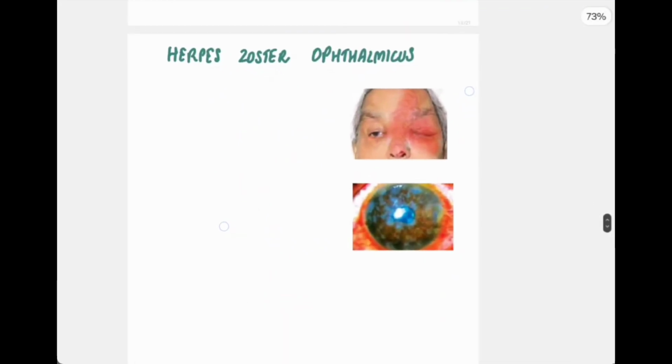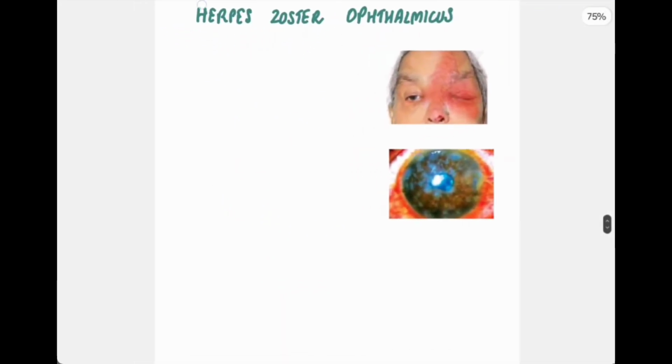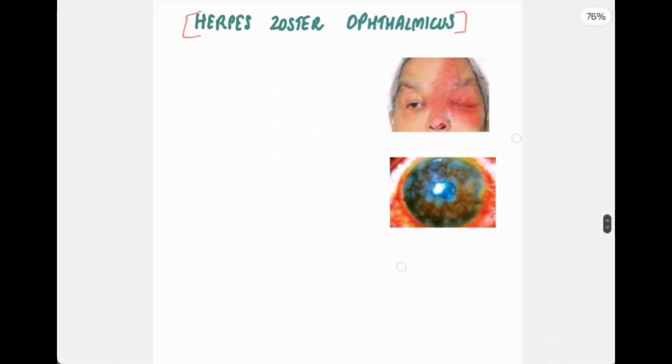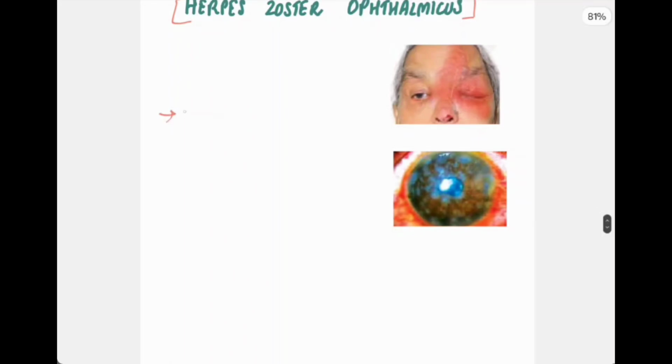Herpes zoster ophthalmicus. Characterized by vesicular eruptions around the eye, forehead and the scalp. Hutchinson's rule states that when the tip of the nose is involved, the eye will also be involved.